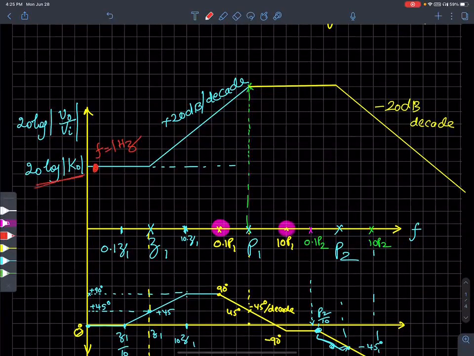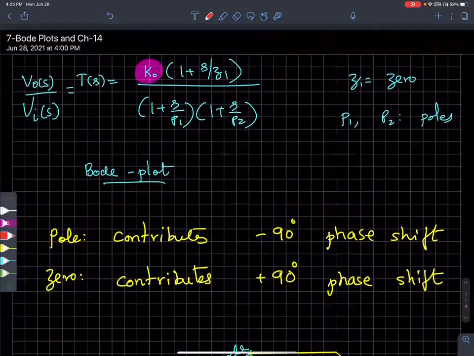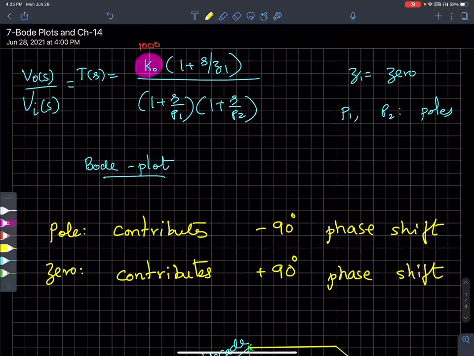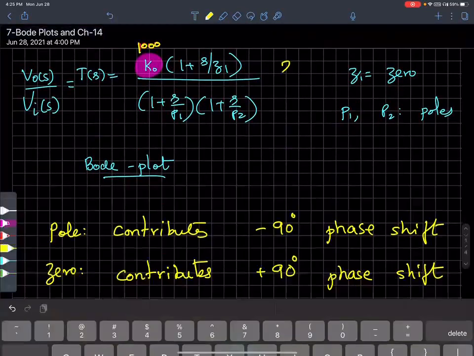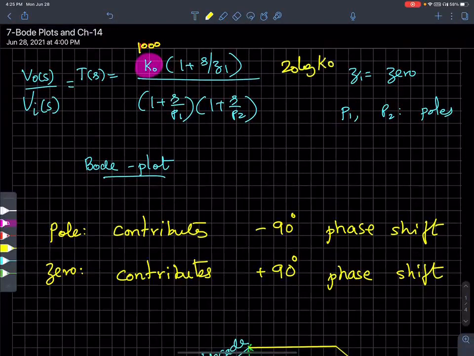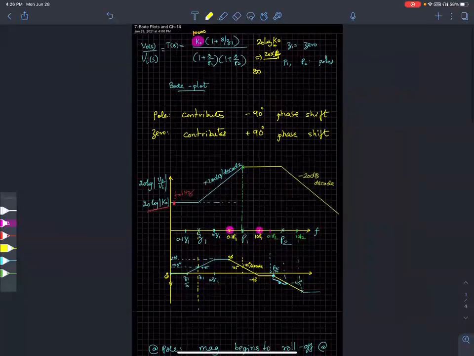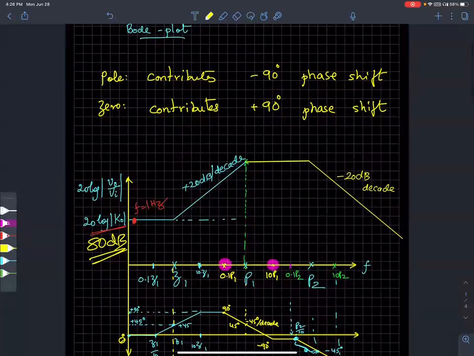If 20 log k naught, if k naught is, say, 10 to the 4, I'm just making numbers up, then you will have started at 80 dB. The gain is 10,000 there. In dB, it is 80.